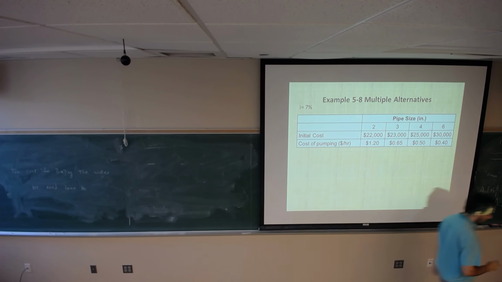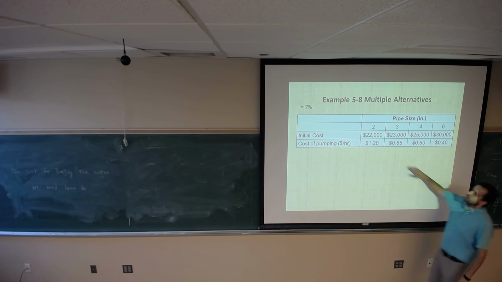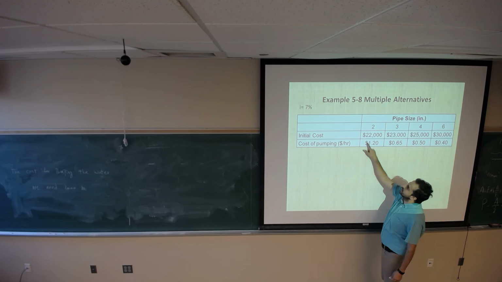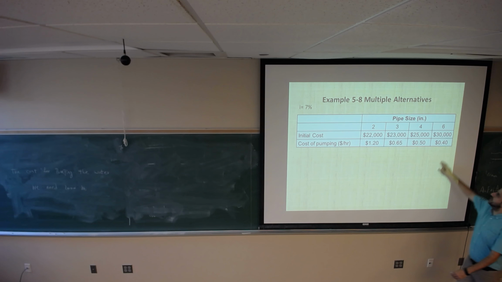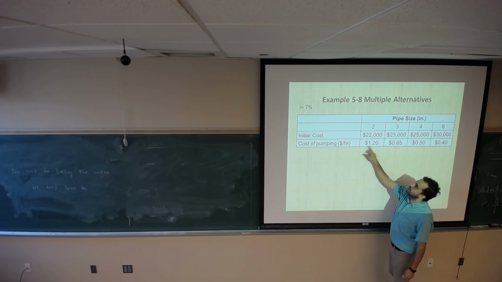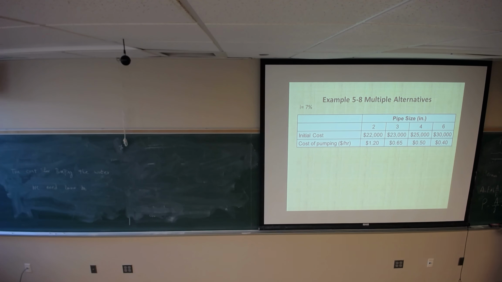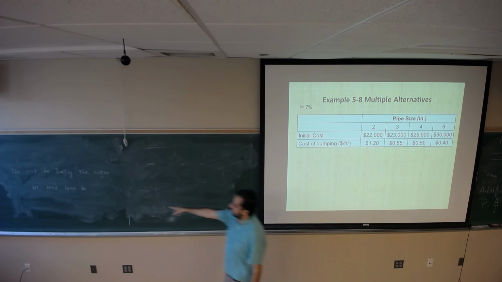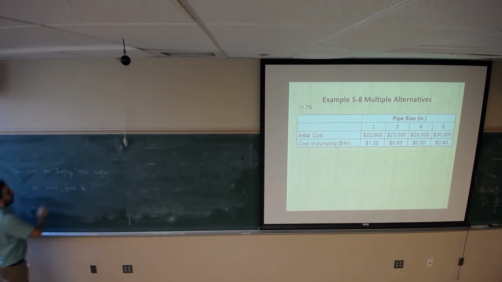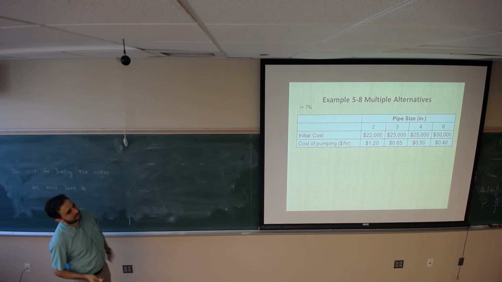But for a smaller size, the cost of pumping per hour is greater than the larger size. So you pay less as the initial cost, but operating cost per hour is going to be greater than the larger size. And we know that it's going to work for 2,000 hours per year. The question is which alternative should be selected if the interest rate is 7%.